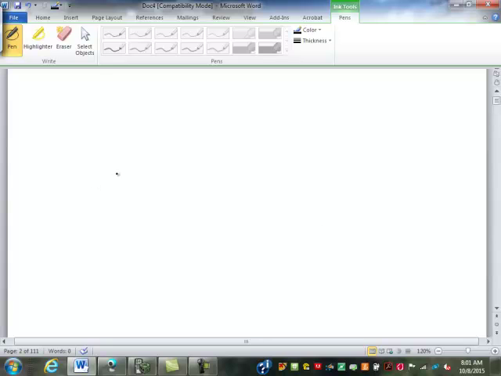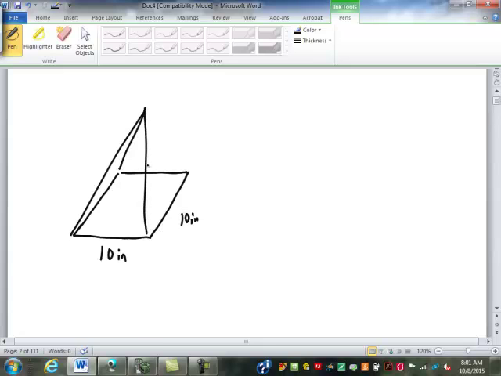So today we're going to look at something just a touch different. Let's take a look at a 10-inch square base, 12-inch tall pyramid.